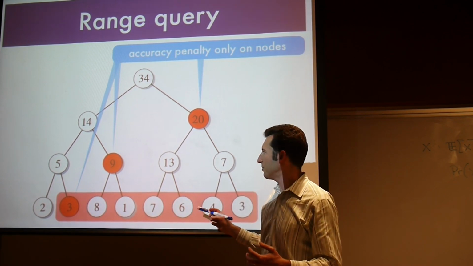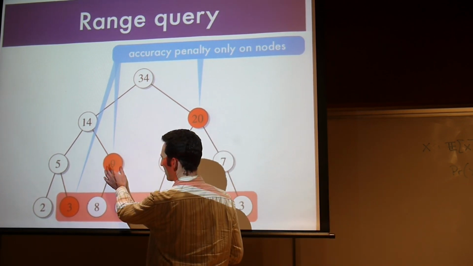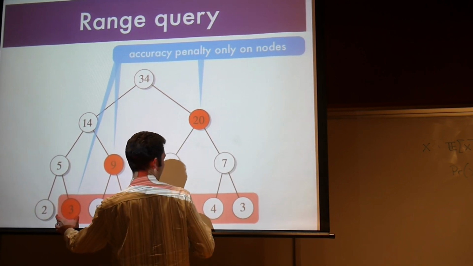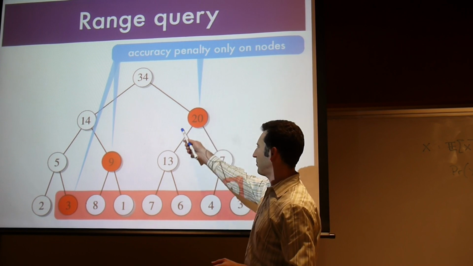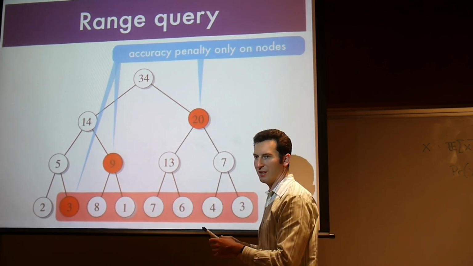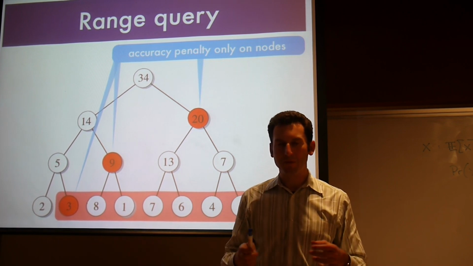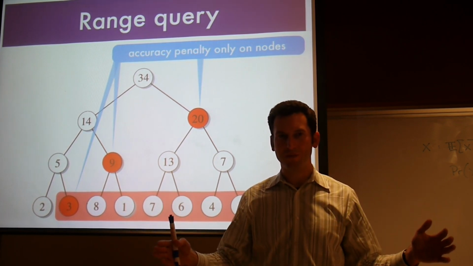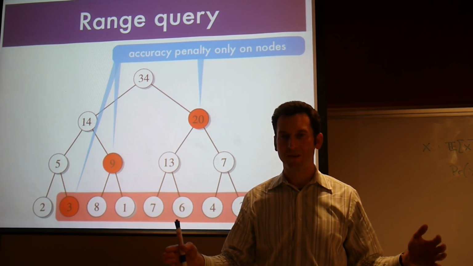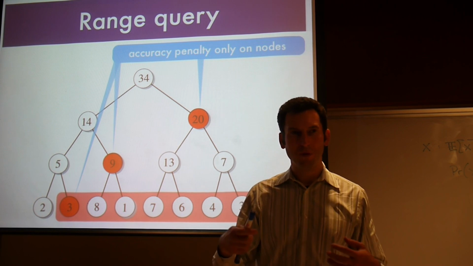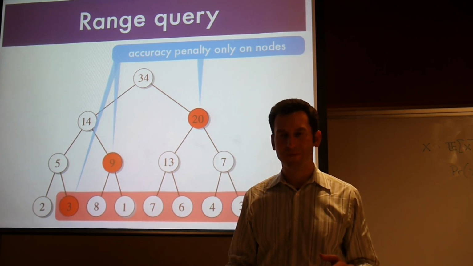What that allows me to do is, if I know this number exactly, then I only need a sketch to estimate this part, and well, this maybe is also explicit, but otherwise I would have probably needed a sketch for this node here, right? So what it means is, I really only pay the price in terms of inaccuracy at the fringes of my interval. And that makes things a lot more accurate than performing the query explicitly.